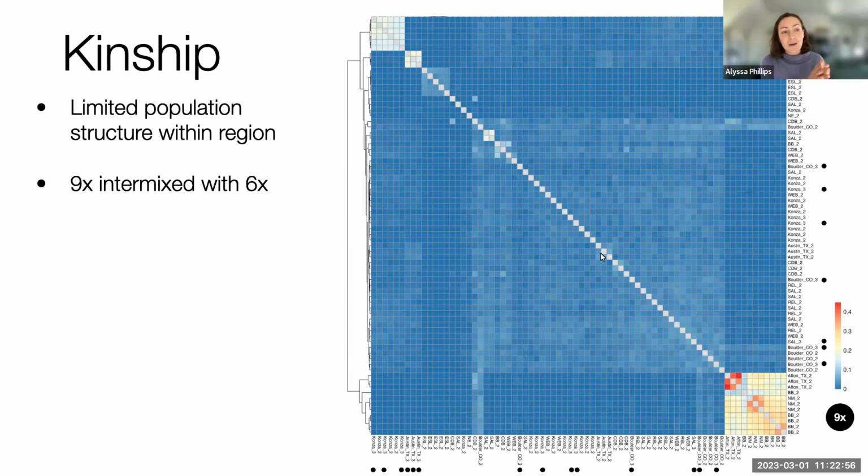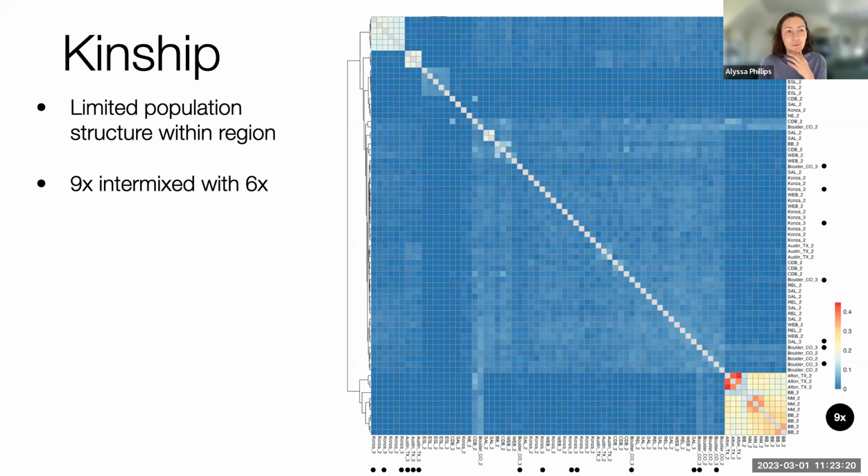The 9X are intermixed with the 6X. So we don't see any particular clustering of the Kanza 9X with the other Kanza 9X, or even the Kanza 9X with the Boulder 9X. It's very intermixed with one another, with the exception really being this Austin, Texas population.